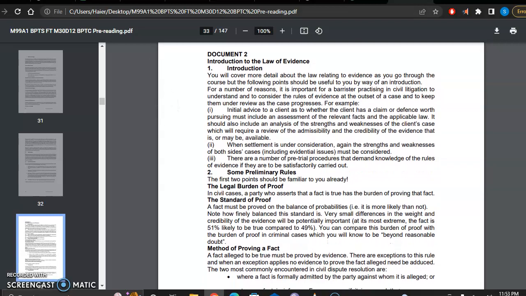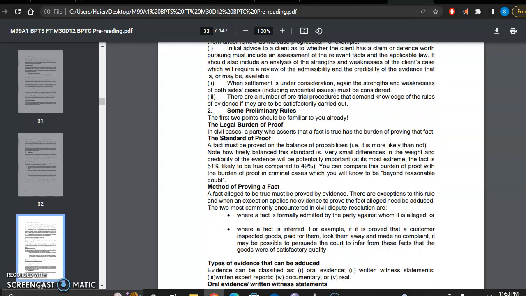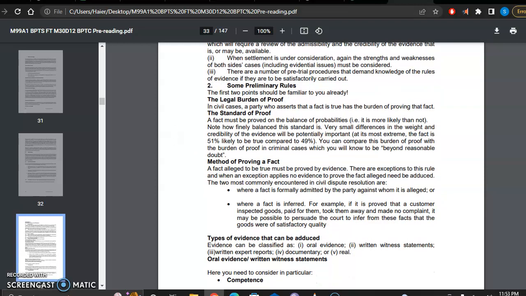So now what's important is the law of evidence introduction. You will cover more detail about the law relating to evidence as we go through the course. But you need to know about the introduction. There are two points.